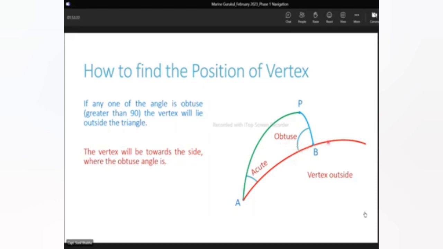So the vertex will go outside the triangle and it will go outside on the side of the obtuse angle. So in this case, the vertex will lie somewhere here. You can see the vertex coming up on the screen now. We can now show the meridian of the vertex, and we also know that angle V is a 90-degree angle. So this is the second situation. If any one of the two angles is obtuse, the vertex lies outside the triangle and it will be towards the side where the obtuse angle is.